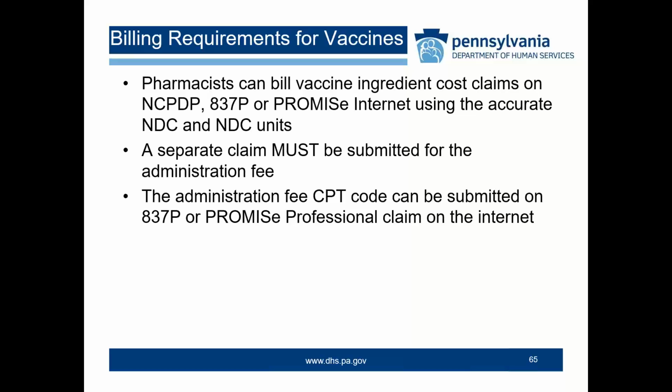So in that instance, we're looking at two claims: one pharmacy claim for the actual ingredients that were provided, or the cost of the drug using the NDC, and then another for the admin fee with the CPT code. And you can move on.